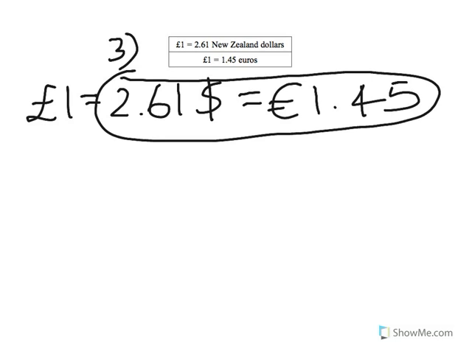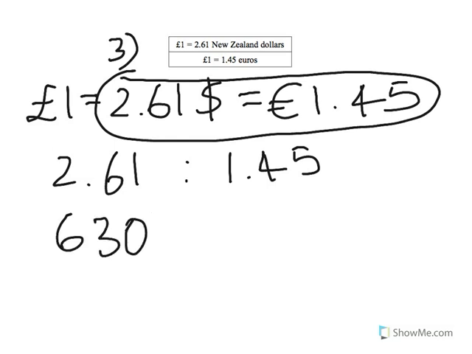So now you just have to use a simple ratio calculation to find out how much 630 New Zealand dollars is worth. If 2.61 dollars is to 1.45 euros, how much is 630 dollars equivalent to? So we'll say 630 dollars is equivalent to x.